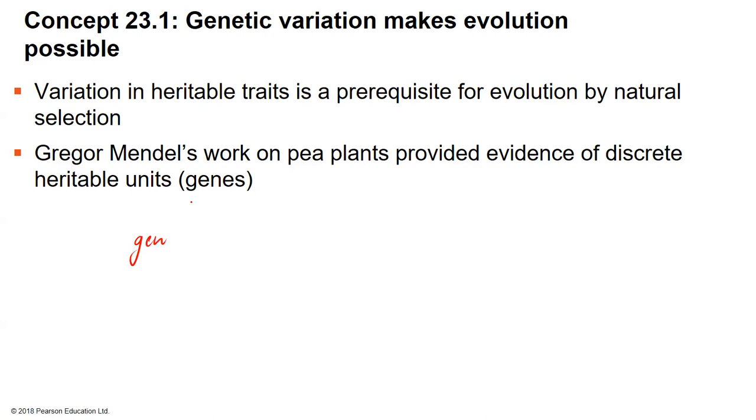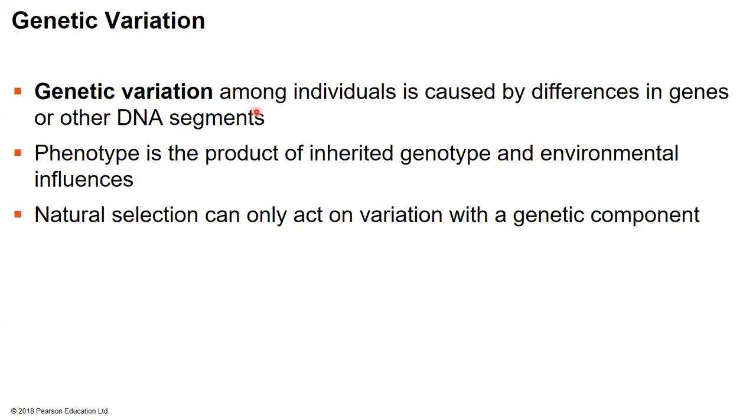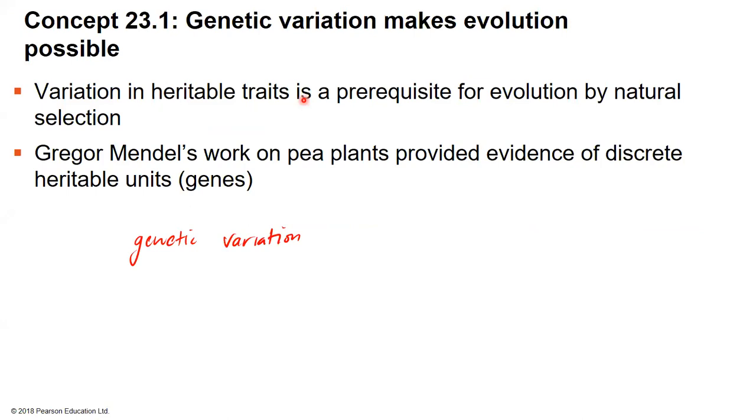So genetic variation is basically different individuals within the population having differences in the genes, in the alleles. Basically, they have different alleles, different genes, different combinations of alleles, or any other DNA sequence. This is what is meant by genetic variation. And this genetic variation leads to variation in traits, صفات.